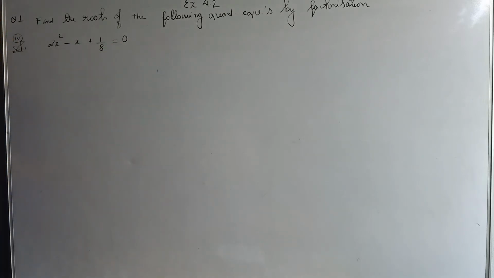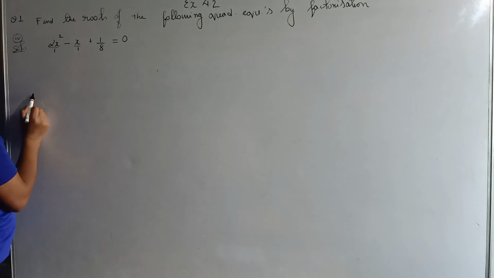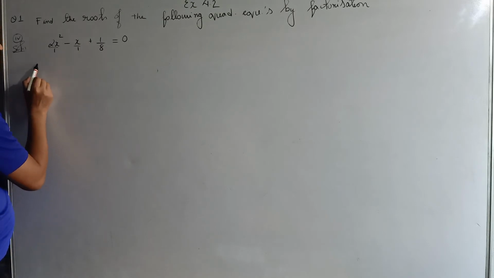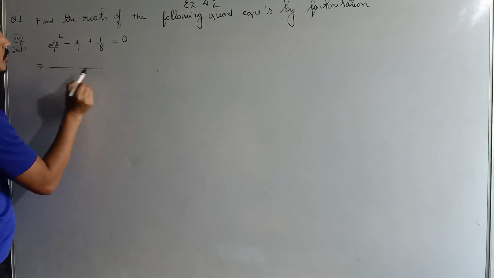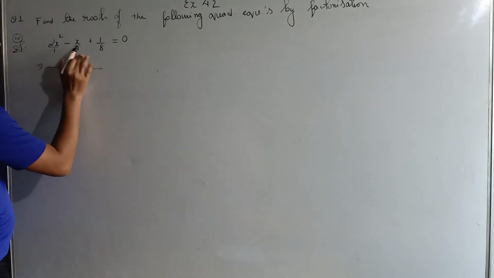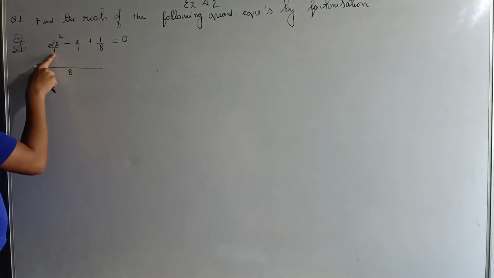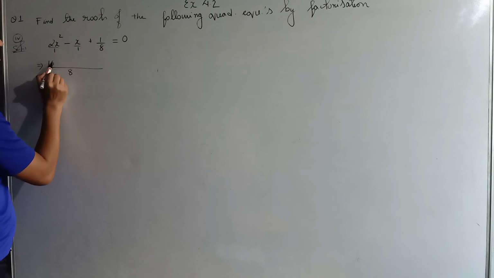Here your constant term is 1 by 8. I don't want anything to be expressed in fraction. So what I'm going to do is take the LCM and then cross multiply so that you do not have any fractions in your equation. LCM is 8. Here the denominator is 1, so 8 divided by 1 is 8, and 8 times 2 is 16.